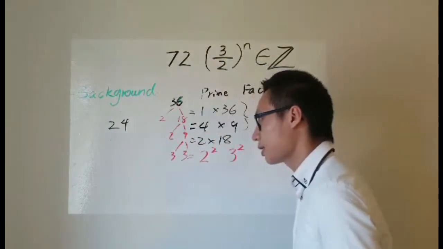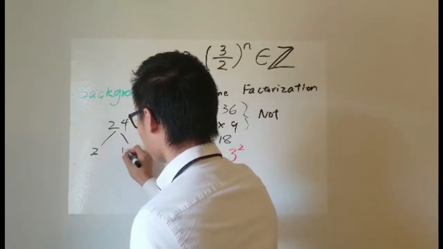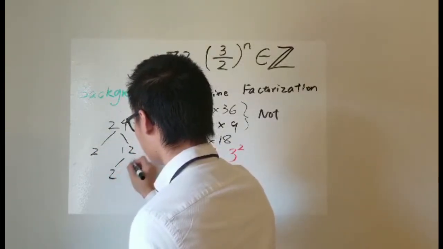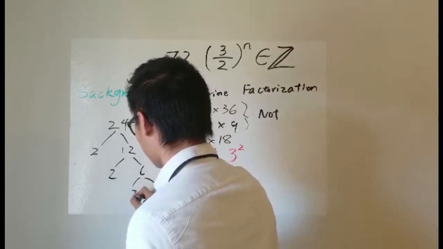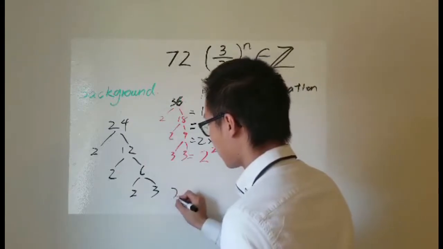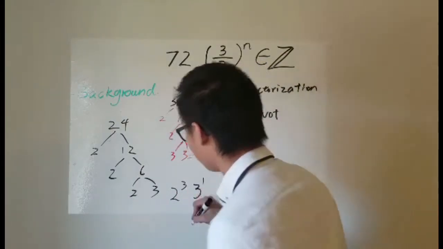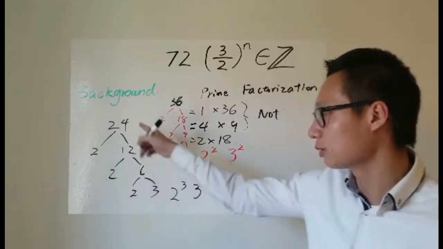If you get the concept correctly, you should get this prime factorization: divide by 2, then 2, and you're left with 6, then 2 and 3. So 24 can be rewritten as 2 to the power of 3 times 3 to the power of 1. So you have 3 factors of 2 and 1 factor of 3 for 24.